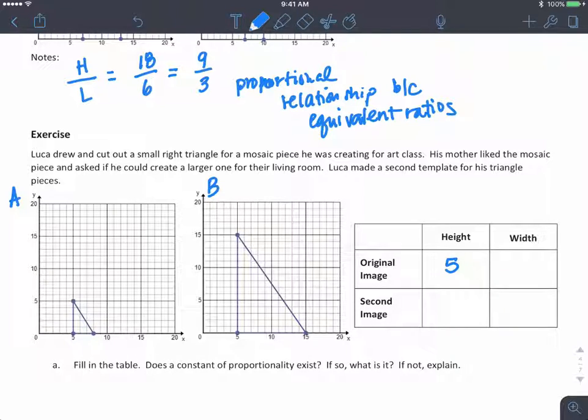And the width, you should see that it's 3. Okay. The height of the second image is 1, 2, 3, 4, 5, 6, 7, 8, 9, 10, 11, 12, 13, 14, 15. And the base is 5 to 15, which is 10.